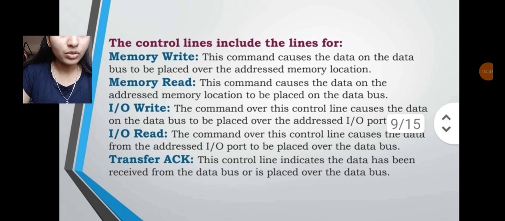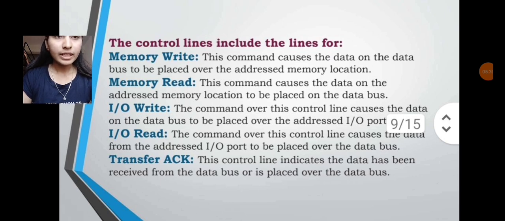They include the lines for memory write, memory read, input output write, input output read and transfer ACK, that is the transfer acknowledge. Memory write is the command which causes the data on the data bus to be placed in the addressed memory location. Similarly, memory read is the command which causes the data in the addressed memory location to be placed on the data bus.